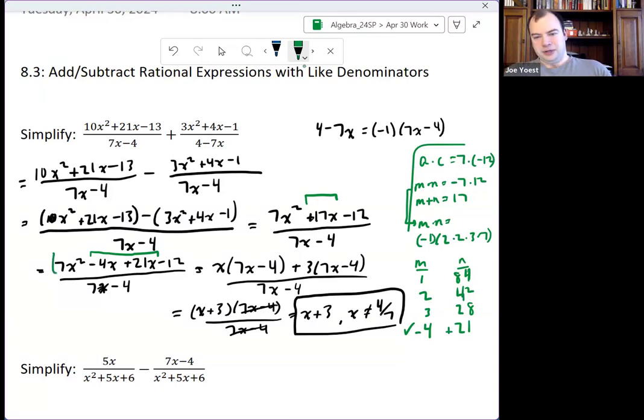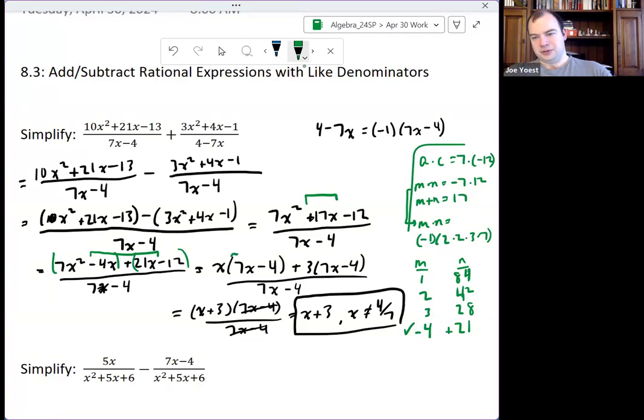And then here I group my first two and my last two terms. For my first two terms, I note there's a greatest common factor of x. So I factor out x, times 7x minus 4 is left over. And then for my last two terms, I know that there's a greatest common factor of 3, times 7x minus 4.